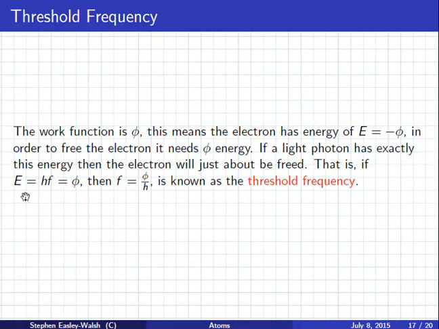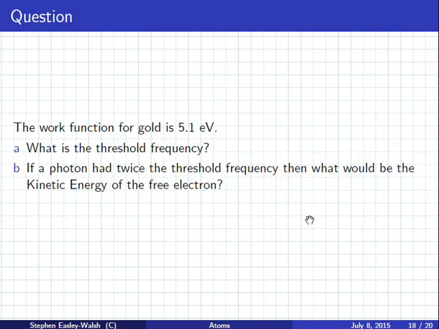So I'm saying the energy equals hf of the photon. If I make this equal to the work function, in other words, no kinetic energy, then it's just enough energy to free it. This frequency, which is the work function over h, that's called the threshold frequency. It's the frequency that will just about free the electron.